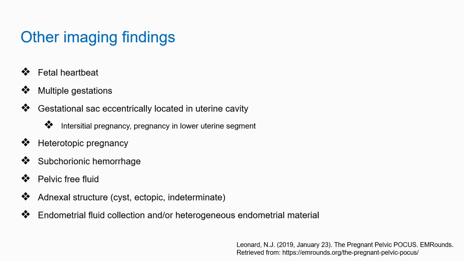Other important imaging findings that could be related to pregnancy include a fetal heartbeat, multiple gestation, a gestational sac that is eccentrically located, heterotopic pregnancies, subchorionic hemorrhages, pelvic free fluid, adnexal structures, and an endometrial fluid collection or heterogeneous endometrial material.